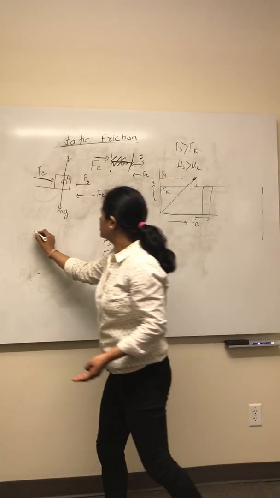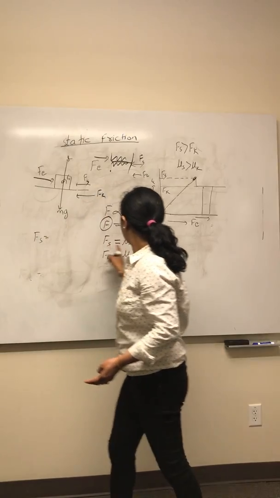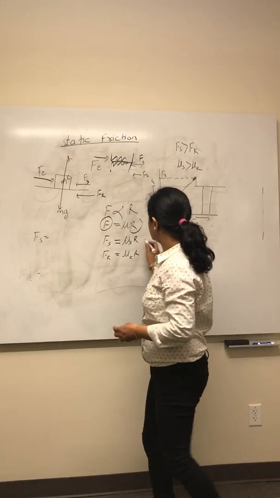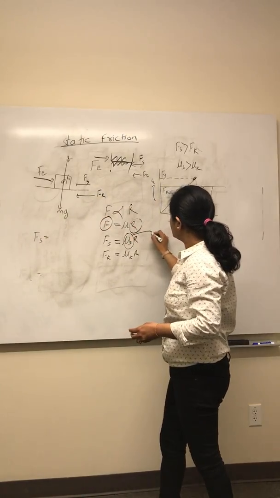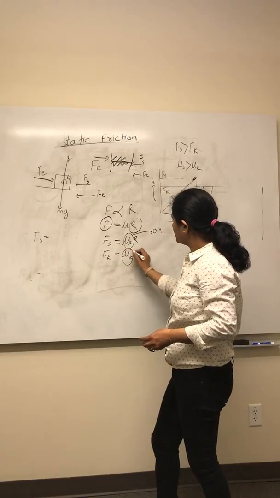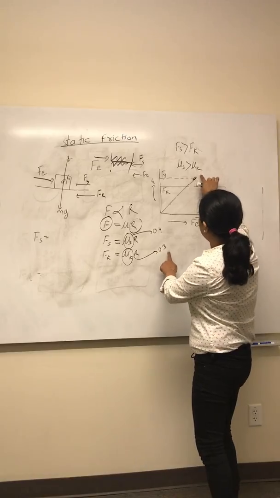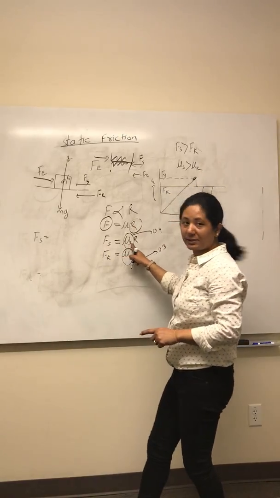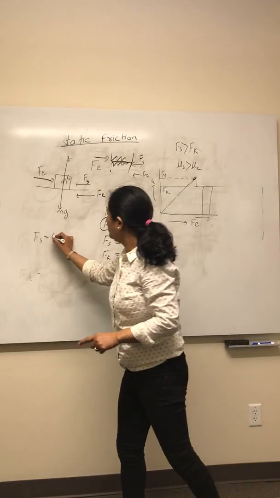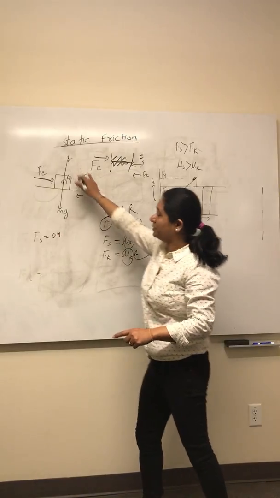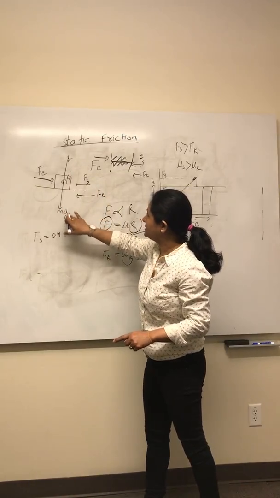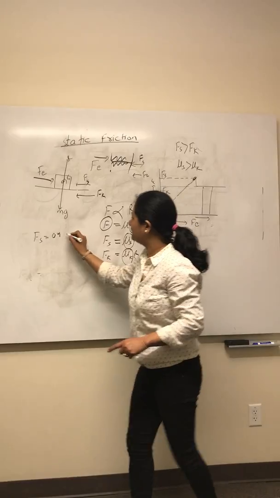So for the static friction Fs, mu s is 0.4 and mu k is 0.3, because mu s is more than mu k. Fs is mu s times R. Mu s is 0.4 and our normal reaction R is equal to mg, which is 5 times 10, that is 50.